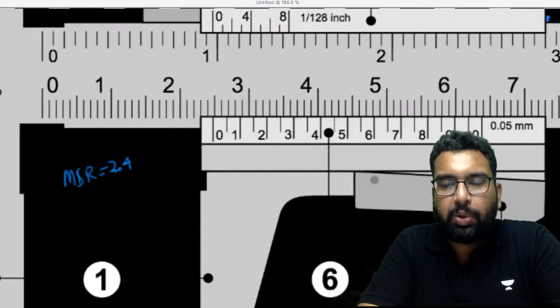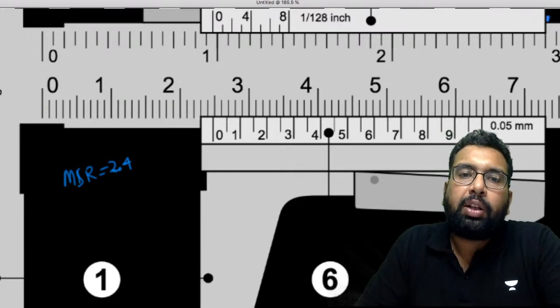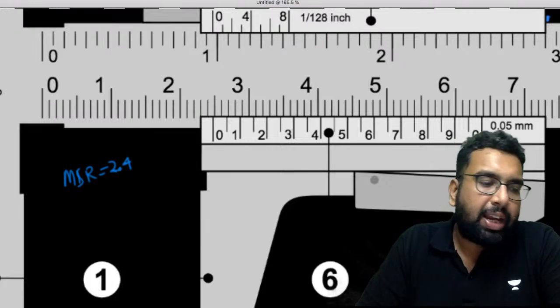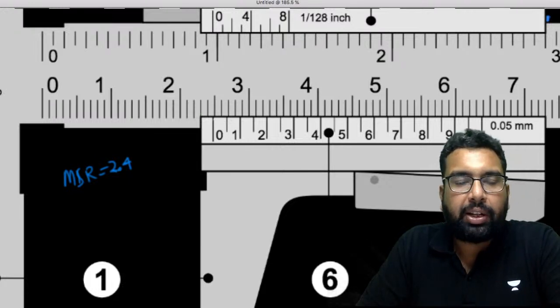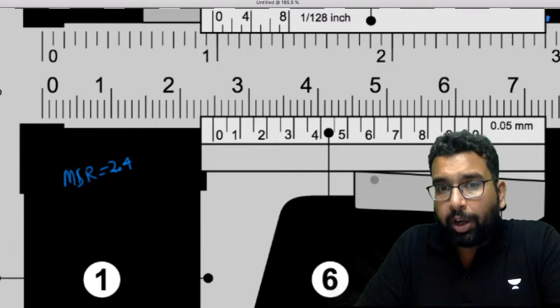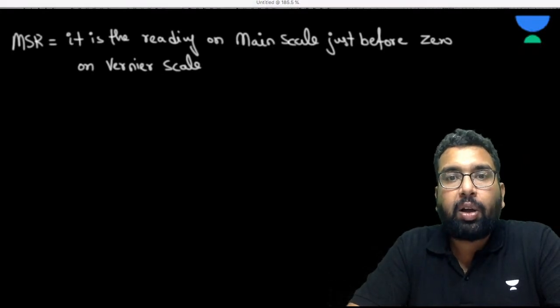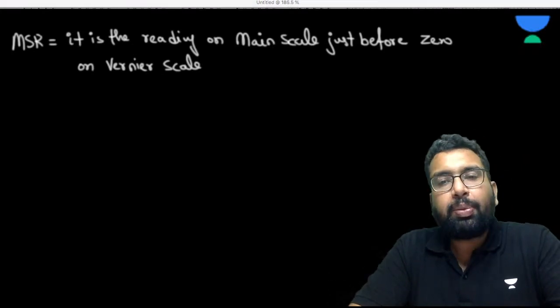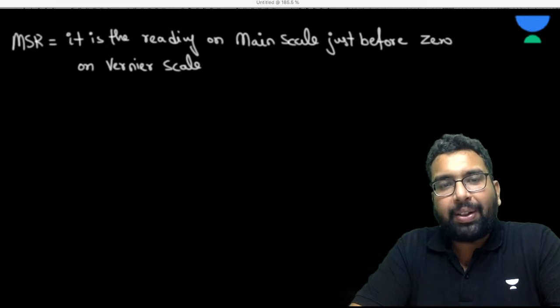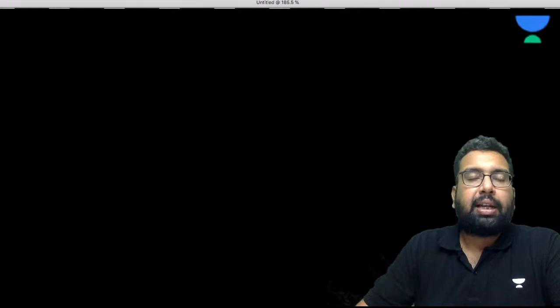Here, before the 0 on the Vernier scale, we have the 2.4 reading. So MSR is the reading of the main scale just before the 0 on the Vernier scale.